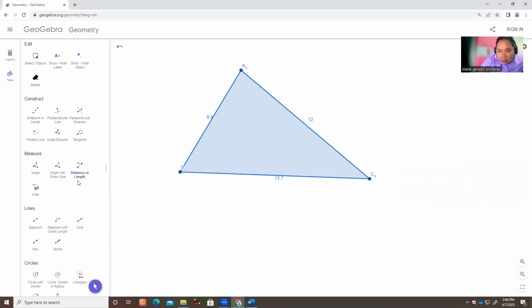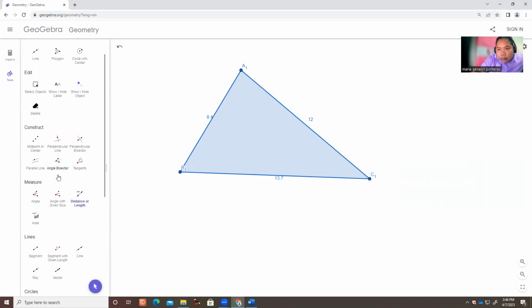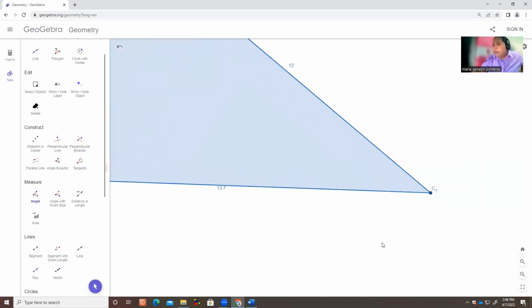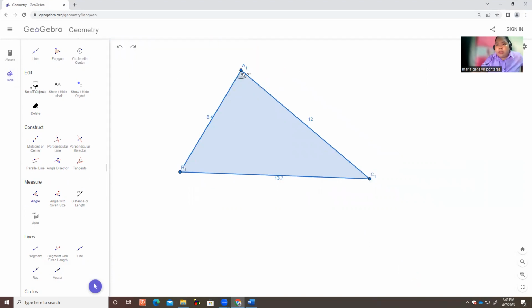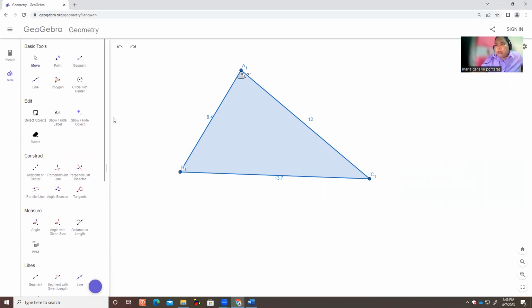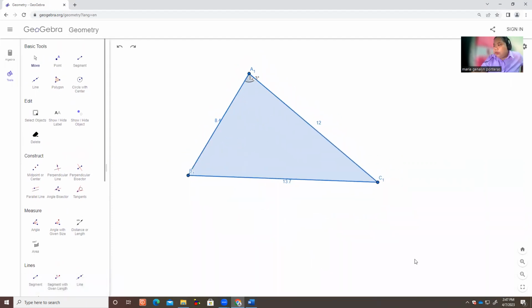Tapos, lagyan natin ng... ayan. So, ang currently measure na ngayon ay, sorry, 82.3. Ayan, nasa taas siya, 82.3.